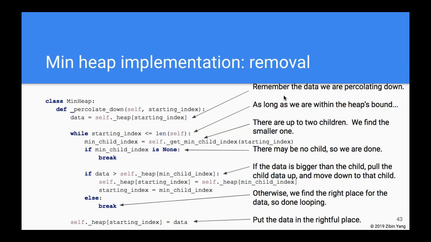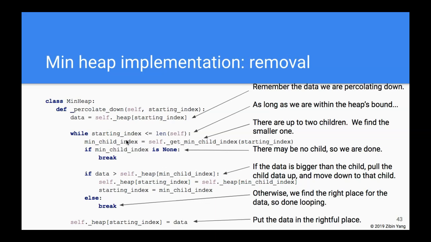So the first thing we want to do is remember the data that we are going to percolate down. And then we do this as long as we are still within the bounds of the heap itself, right? We don't want to go out of bounds of the heap.